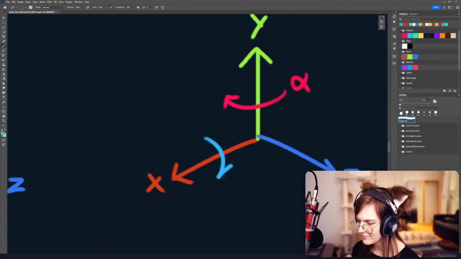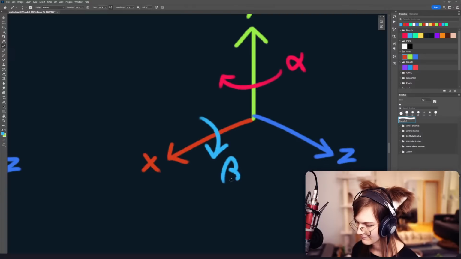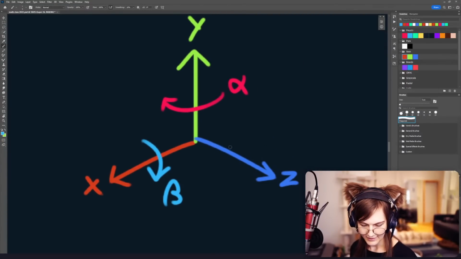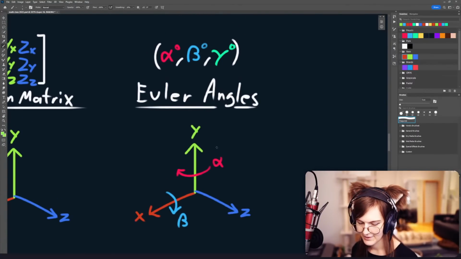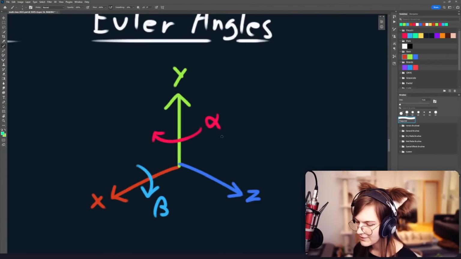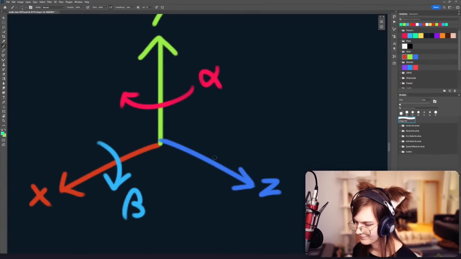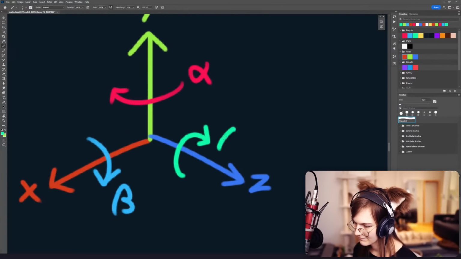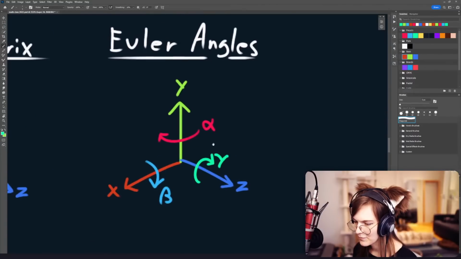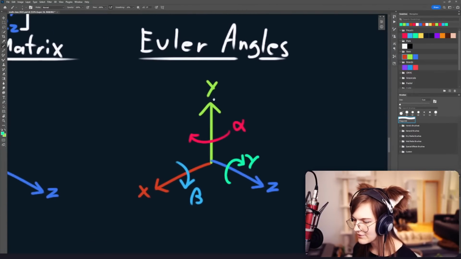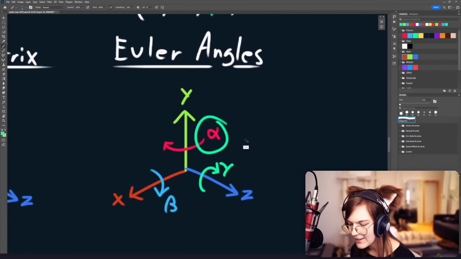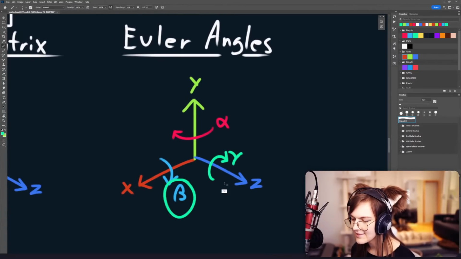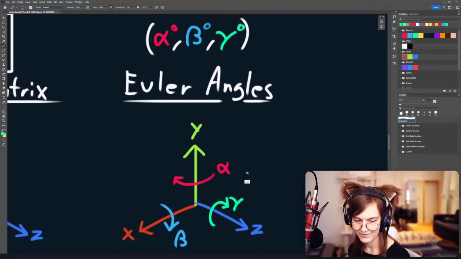Or wait, I need the color for beta, so that's correct. And then finally we had our gamma. And that rotates around the z-axis. Okay. And so specifically, it rotates in this order. First around the y-axis, and then around the x-axis, and then around the z-axis.